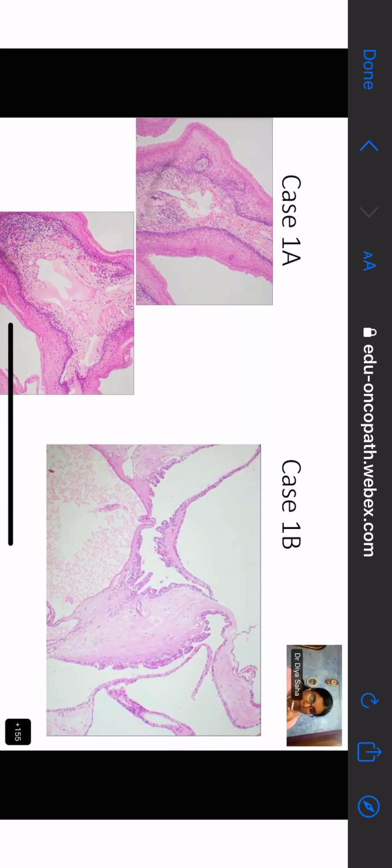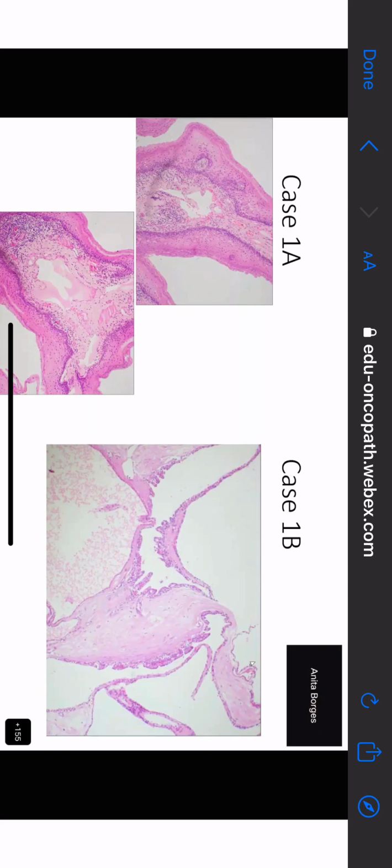Ma'am, it is having a discontinuous lining by the endothelial cells. Discontinuous lining by endothelial cells. Yes, ma'am. Do you really think that endothelial cells are discontinuous? Cannot be, no? All right.